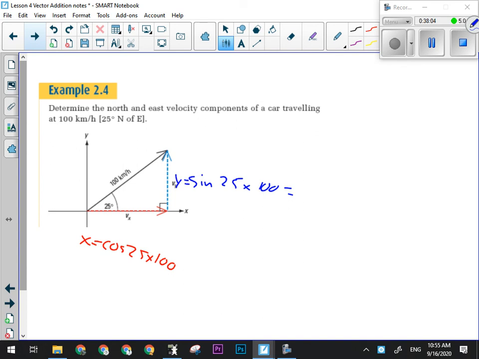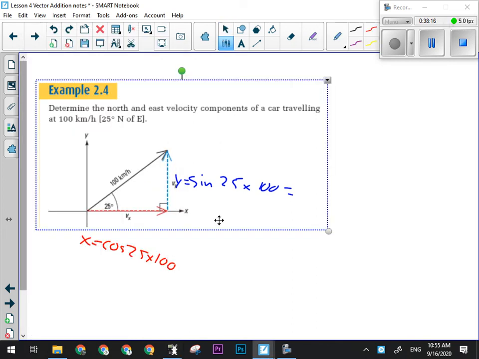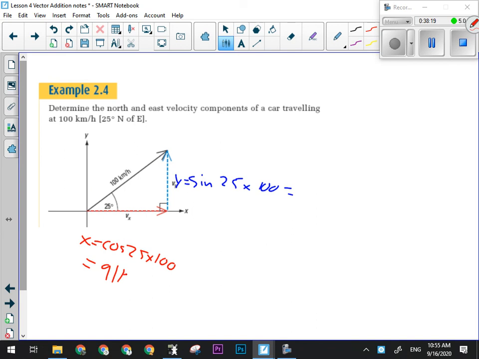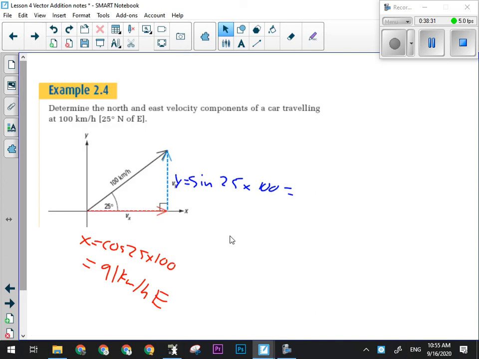All that would change is at the end my units are going to be in kilometers per hour. So cos of 25 times 100. All right, so that side's 91 kilometers per hour east, and the other side 42 kilometers per hour north.